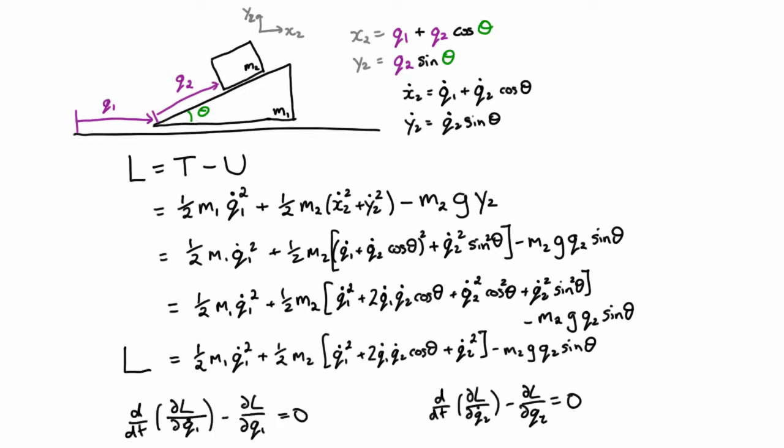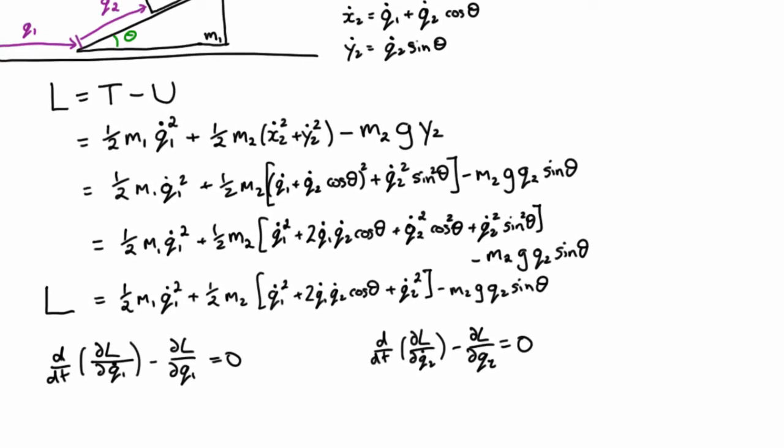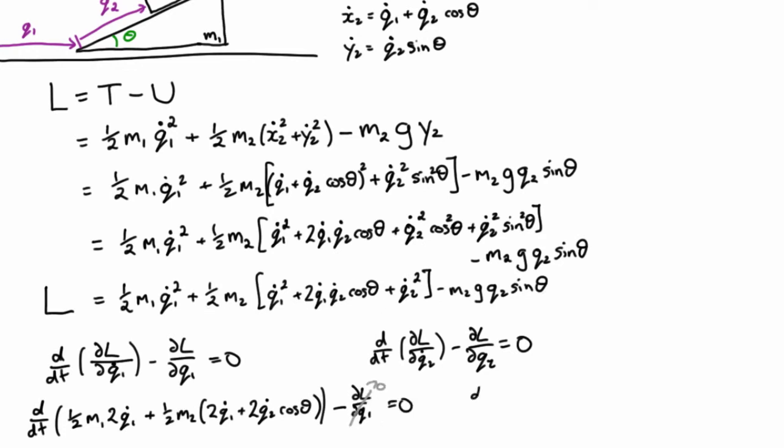Okay, so we need to be able to take this derivative, so we've got a q1 dot term there, there, and there. So we're going to get 3 terms. And we have a q1 term nowhere. In terms of q2 dot terms, we have 2. We have 1 there and 1 there.